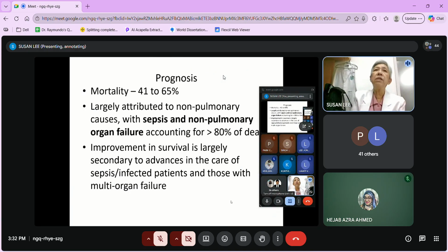Actually, although this is still high, this has already improved significantly. Improvement is largely attributed to non-pulmonary causes, with sepsis and non-pulmonary organ failure accounting to more than 80%. Okay. And improvement in survival is largely secondary to advances in the care for sepsis and infected patients and those with multiple organ failure.